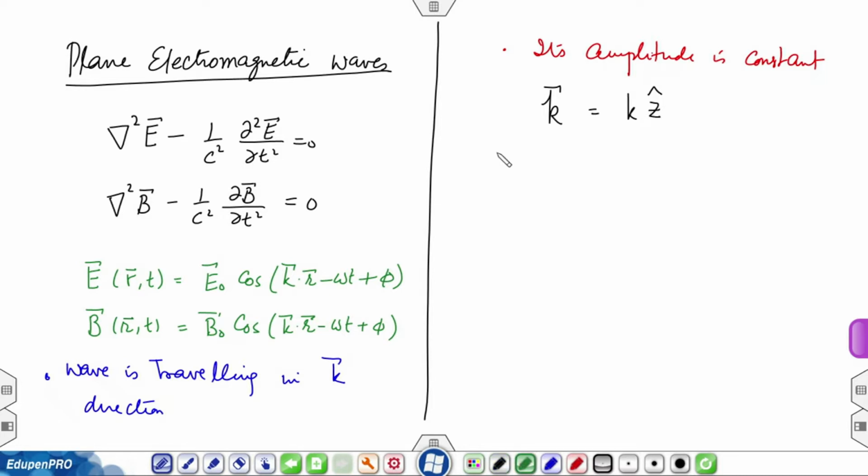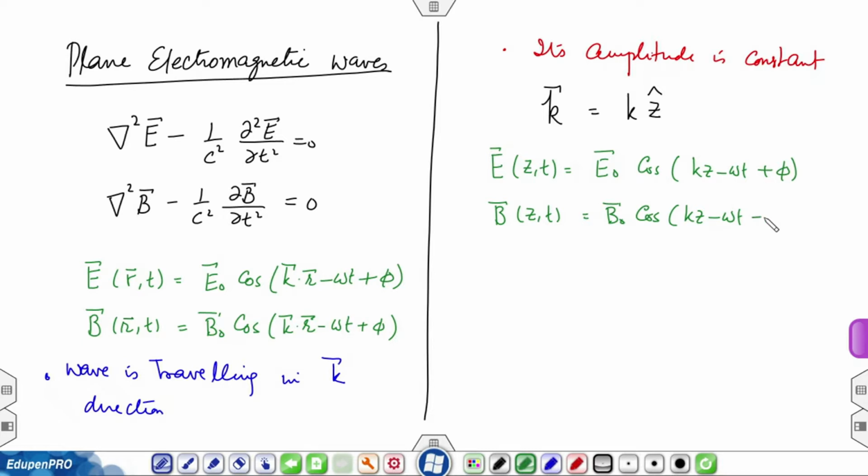Then I am going to write E as a function of z and t as E 0 vector cosine of k z minus omega t plus phi, and B(z,t) equals B 0 cosine of k z minus omega t plus phi, and again E and B are functions of z and t only, they do not depend on x and y.